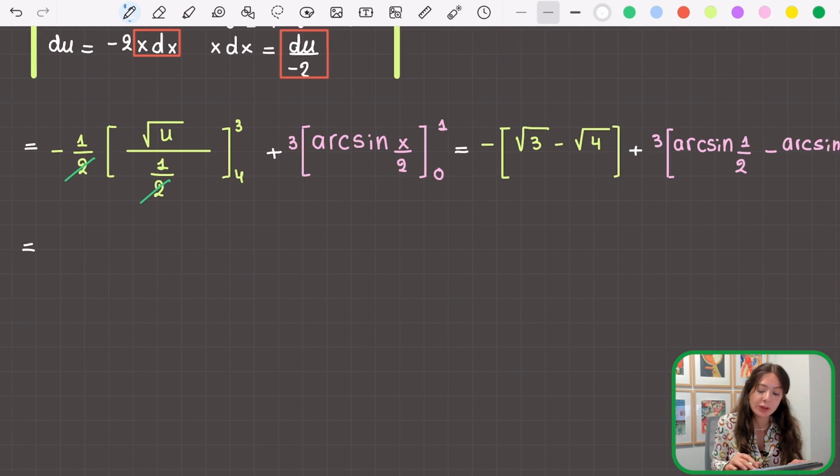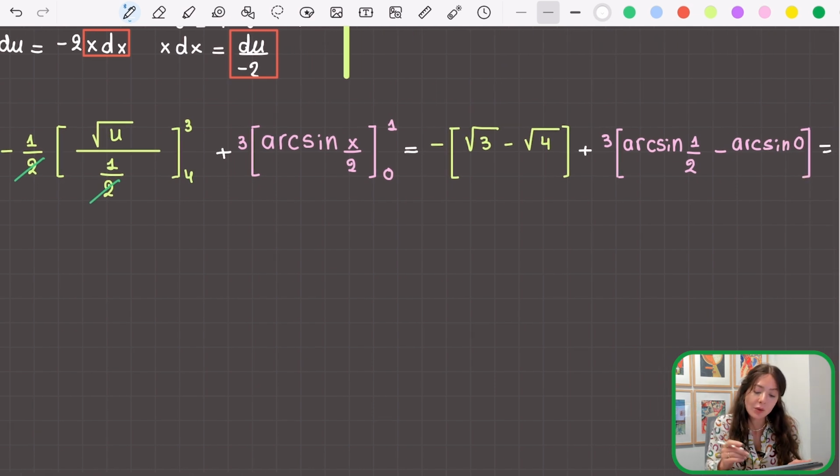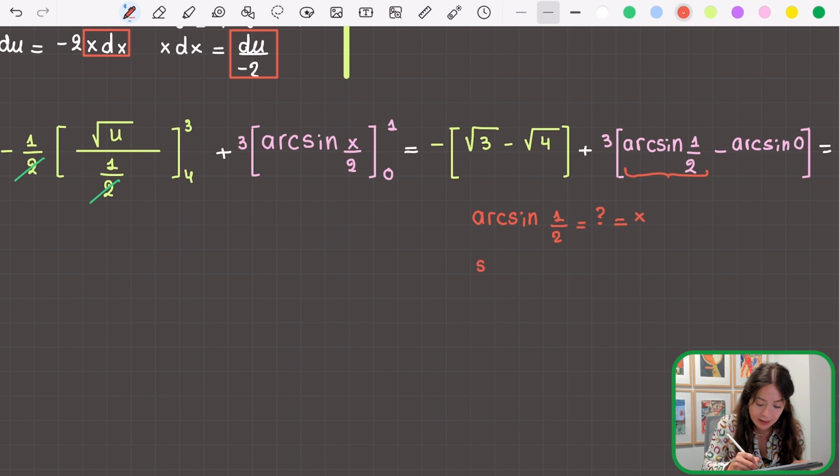I'm going to do a little analysis here. So I wonder what arc sine 1/2 equals. It equals a number, right? In radians. Let's say it equals x. Sine of what angle is 1/2?